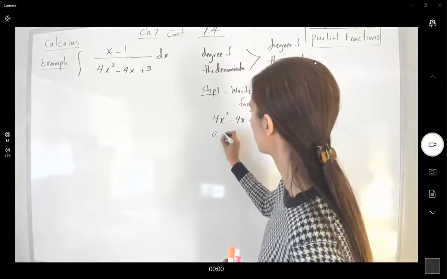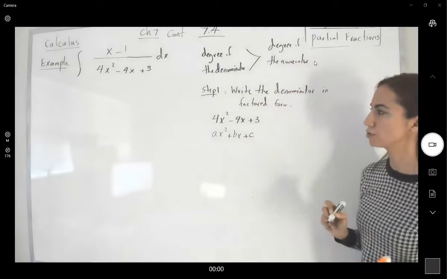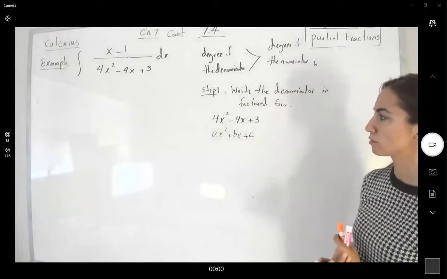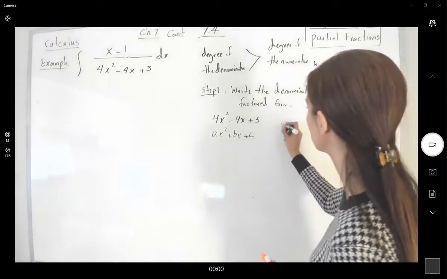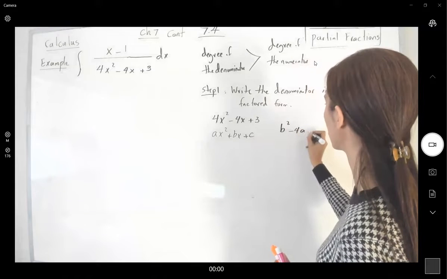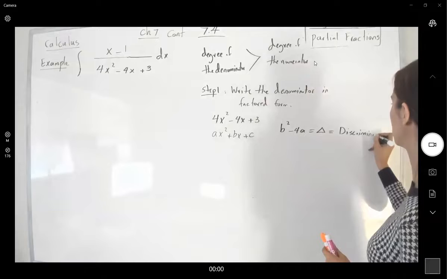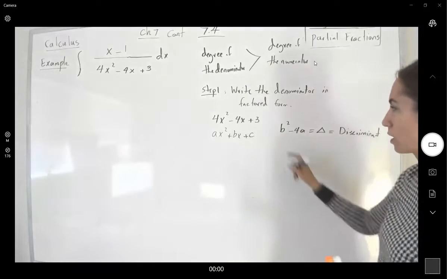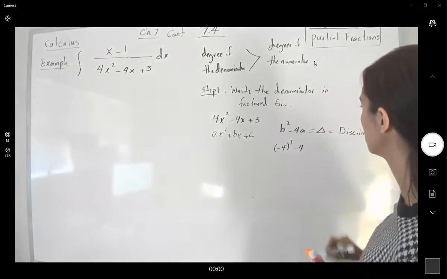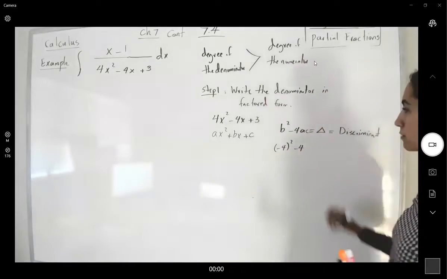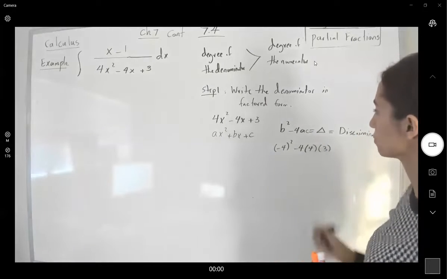Note that you have ax squared plus bx plus c, and if you use the quadratic formula, the discriminant, delta, b squared minus 4ac, is negative 4 squared minus 4 times a, which is 4, and c, which is 3.